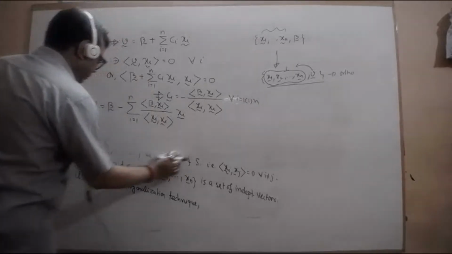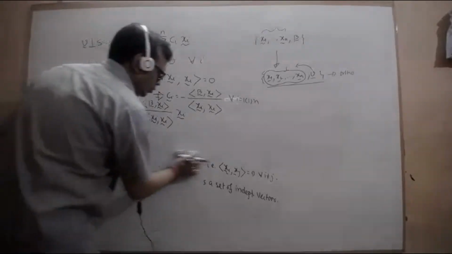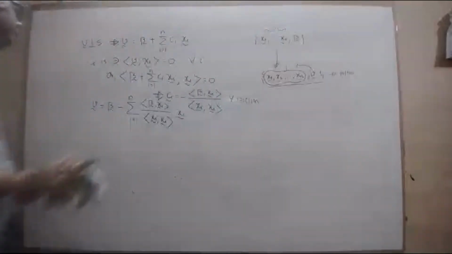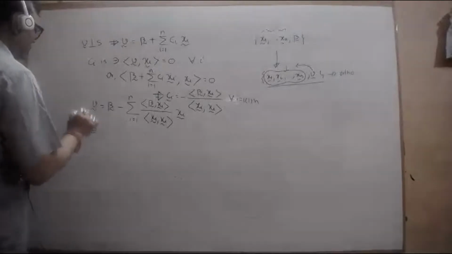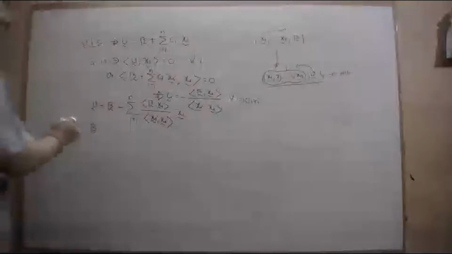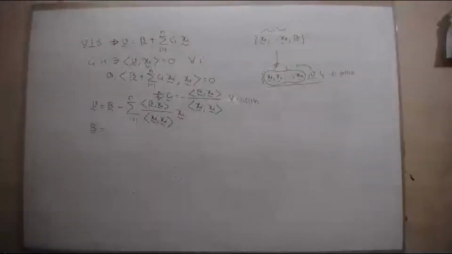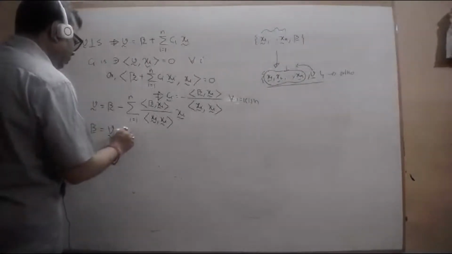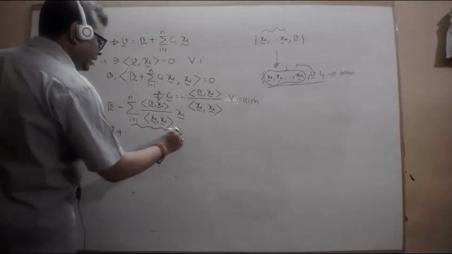Therefore, beta curve, which is any vector in V but does not belong to S, is written as a sum of two vectors. I write this as x curve plus v curve.